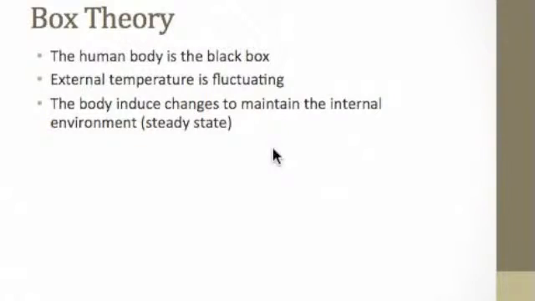And how does it do this? It does this by inducing quite a few mechanisms to maintain its internal environment. And this is very important to maintain the functionality of the body.